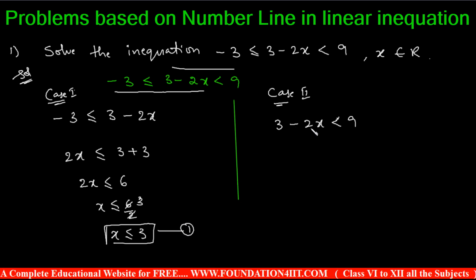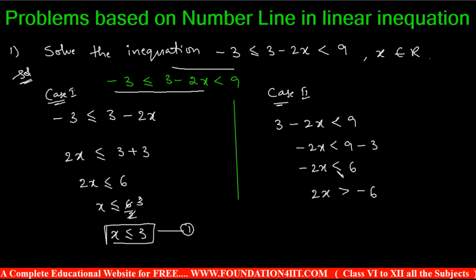Now the next one, minus 2x less than 3, take to the right side, 9 minus 3. Okay, minus 2x is less than 6. To make minus 2x positive, I should multiply by minus 1 on both sides. So this becomes 2x, and in that case less than becomes greater than. That is minus 6.